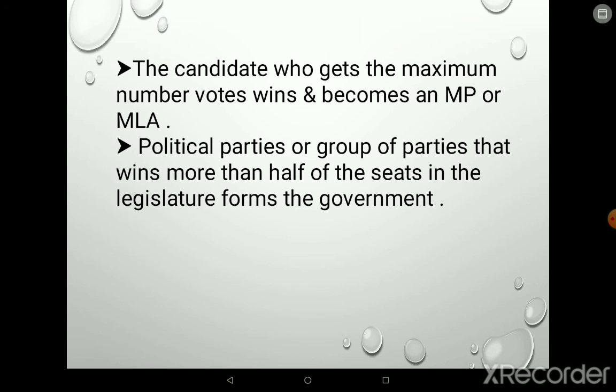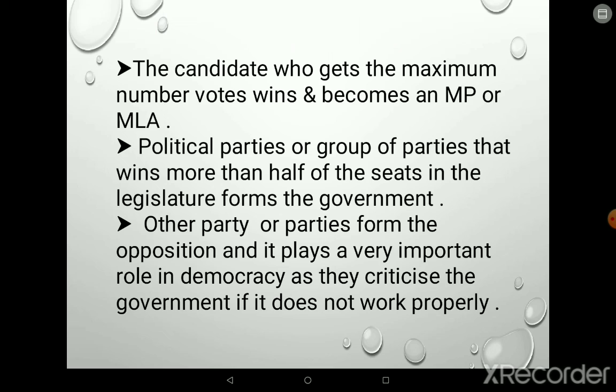Then the political party or the group of parties that wins more than half of the seats in the legislature forms the government, and the other parties form the opposition, and they play a very important role in the democracy or in the government, as they criticize the government if it is not doing its work properly.